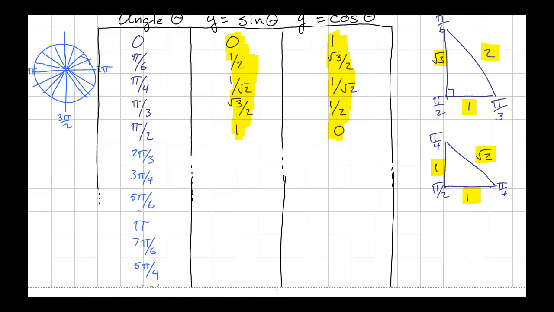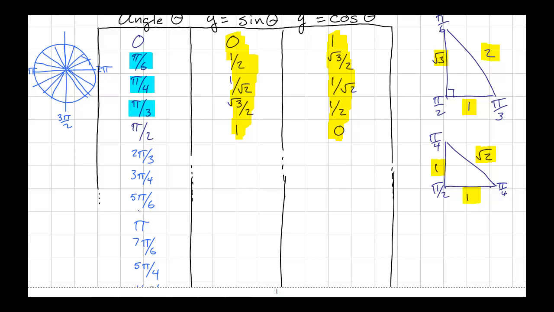You probably started by trying to figure out what all the angles were, and I hope you're in agreement with what you see on the screen on the left. Remember, 2 pi over 3, 3 pi over 4, and 5 pi over 6 have the same sine values as their reference angles.